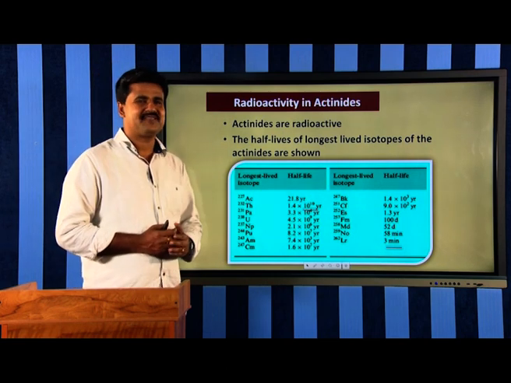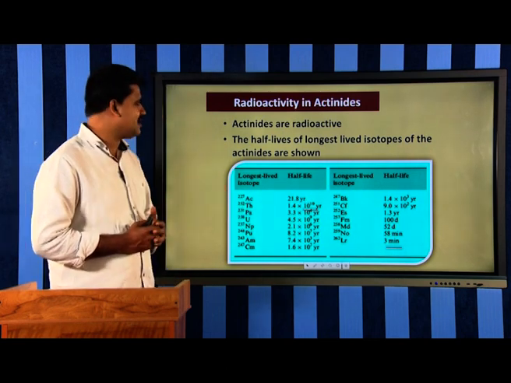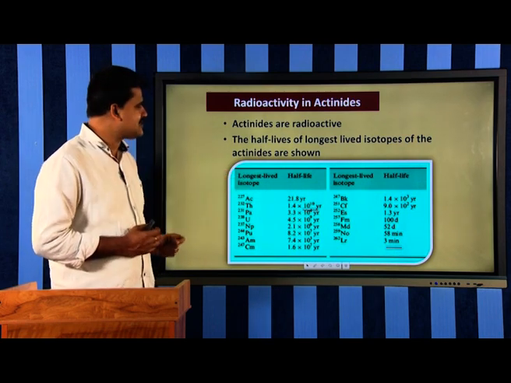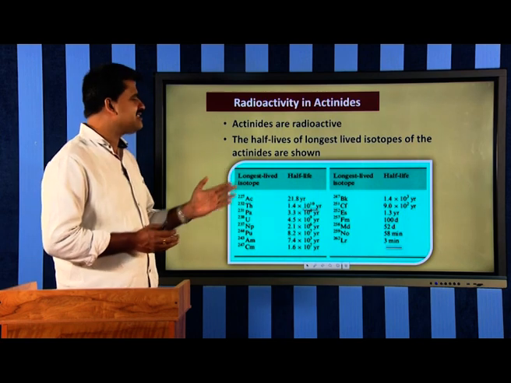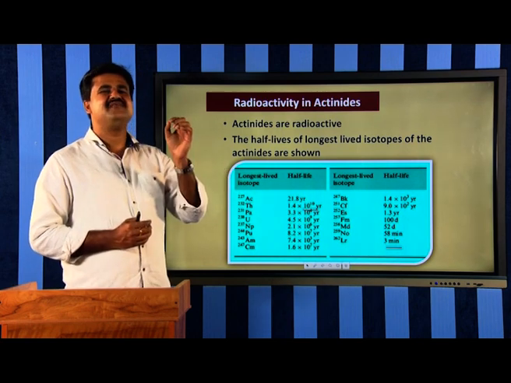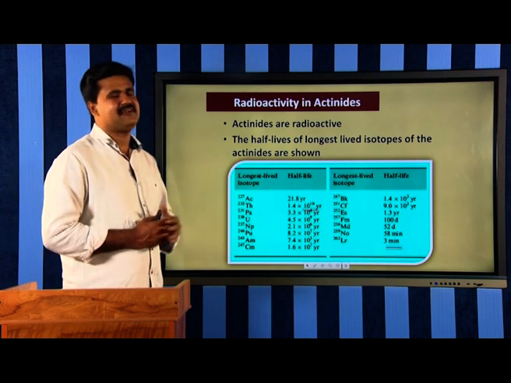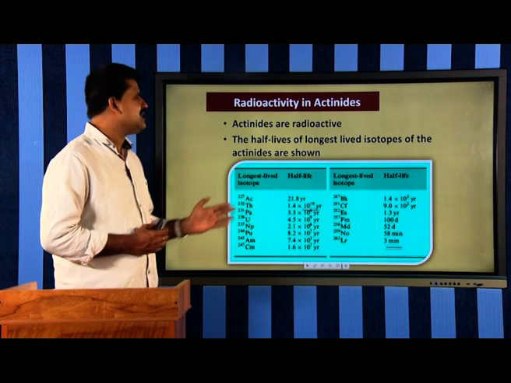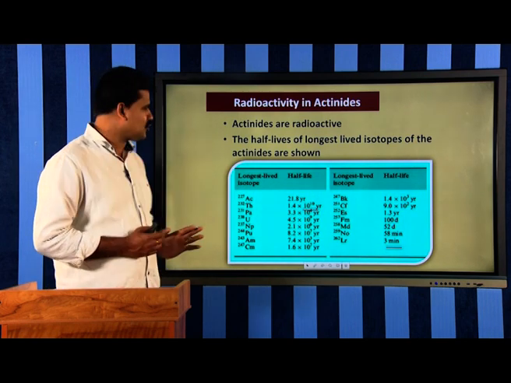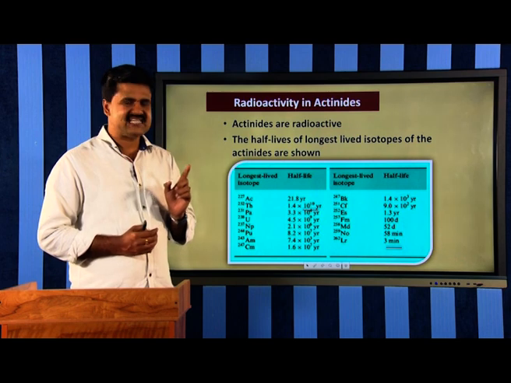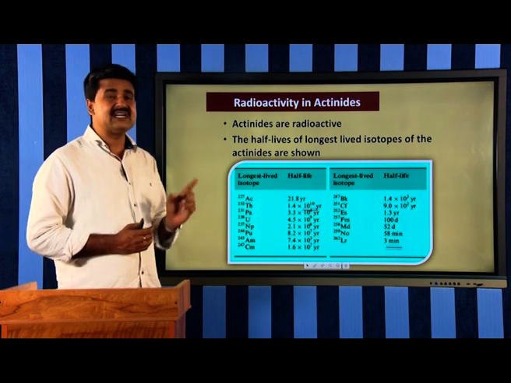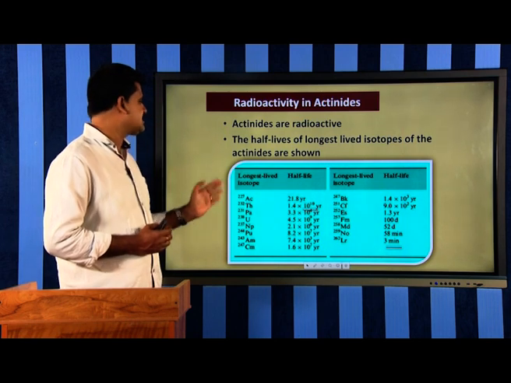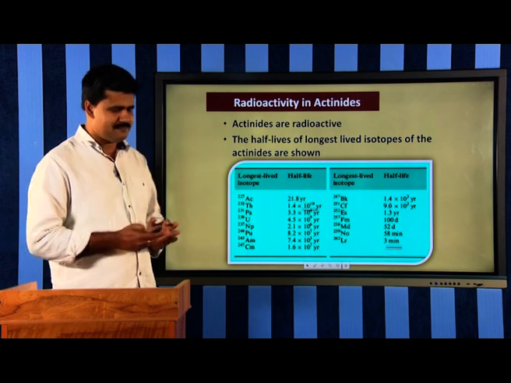At the same time, just look at the last element, lawrencium, isotope 103 lawrencium 262. That isotope has a very short half-life period of only 3 minutes. So, the shortest-lived isotope is lawrencium-262, and the longest-living isotope of the actinide family is thorium-232.